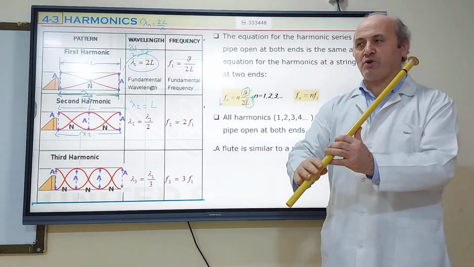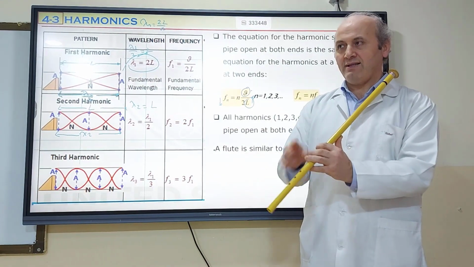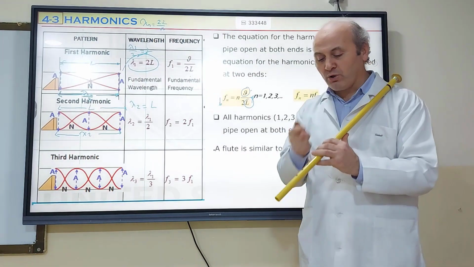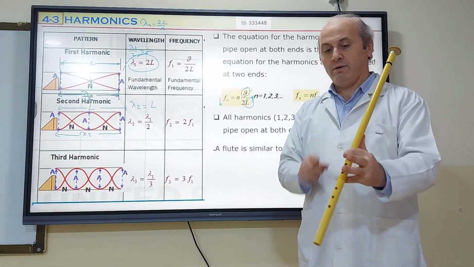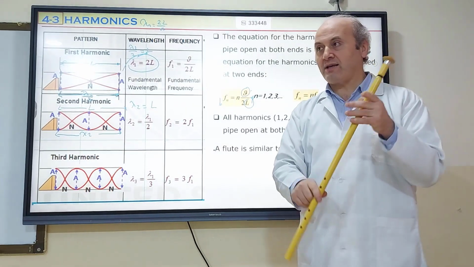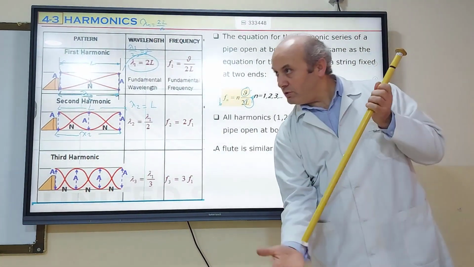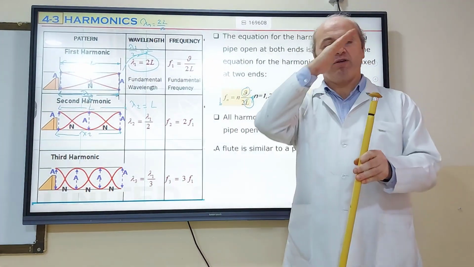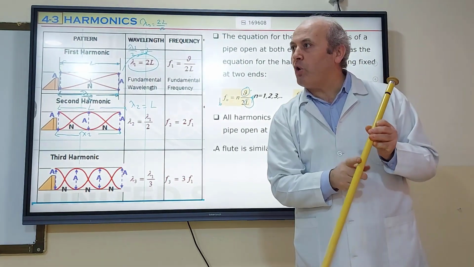Open them one by one. Now it's going to happen. As you open one by one, you are making the length shorter, because the length is from where you blow to the first open hole. Now it is much shorter. When I open them all, from here until here is the length, not all of it. So the length of the air column is from where you blow until the first open key or hole.